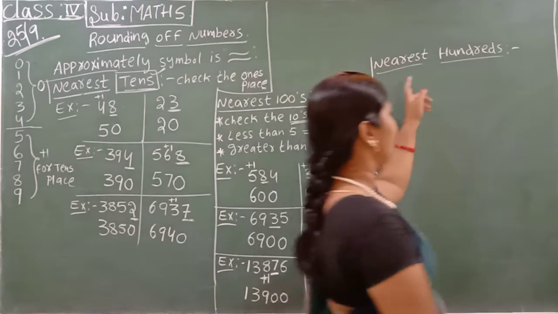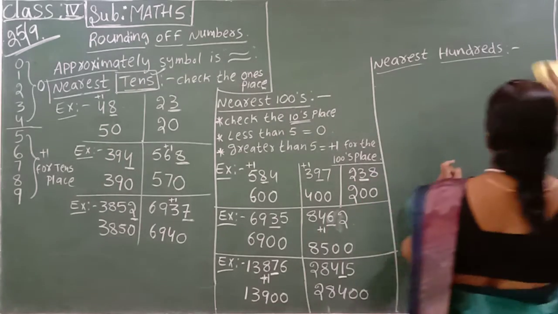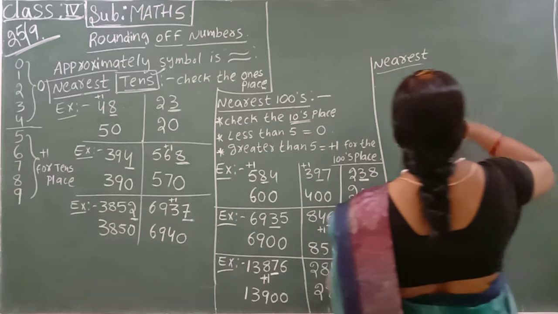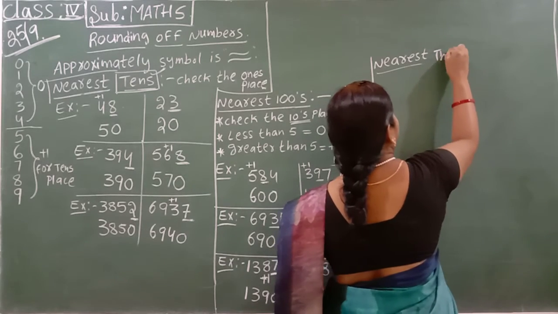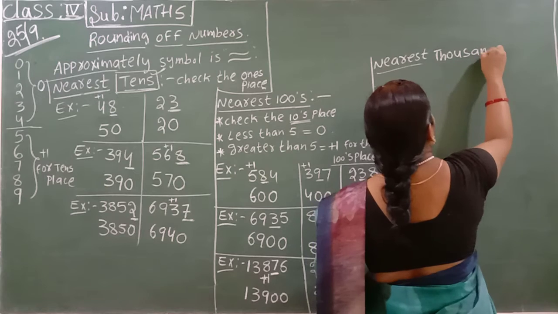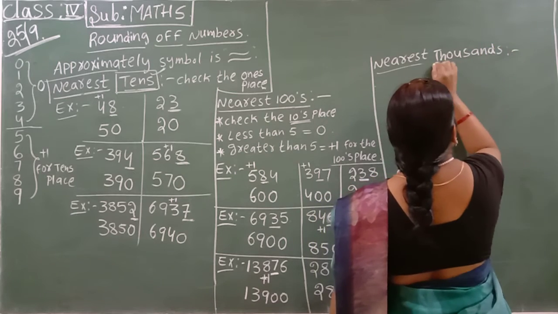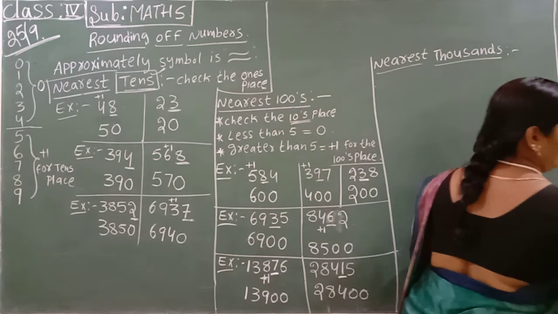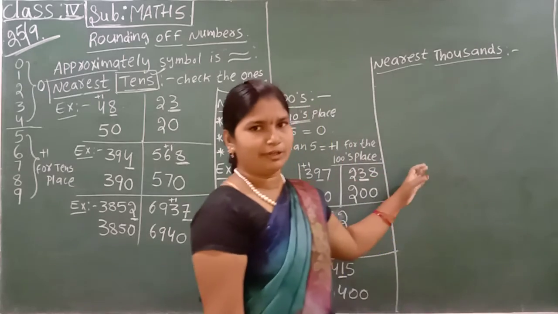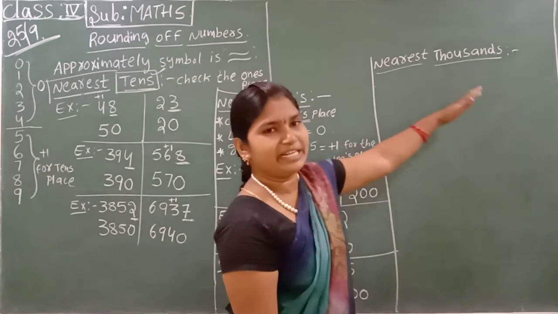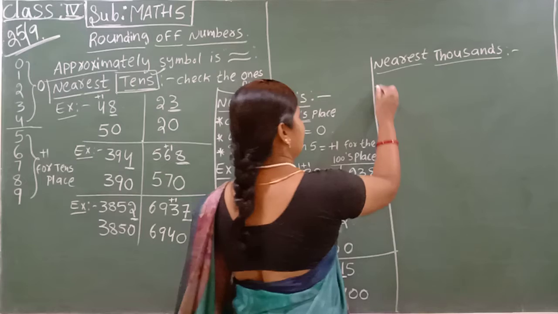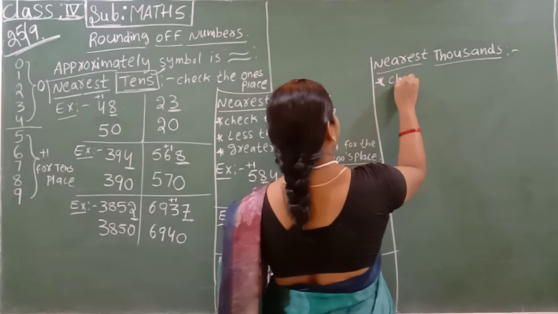So, we have to find out nearest thousands. Nearest thousands means we have to check the hundreds place value.